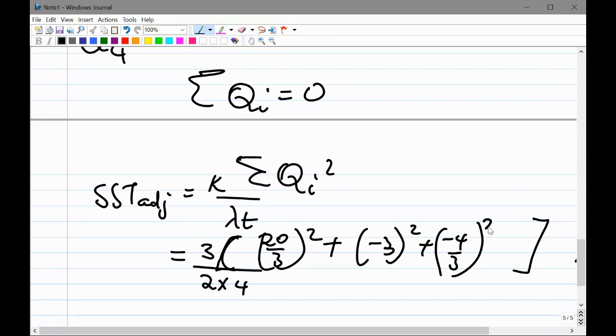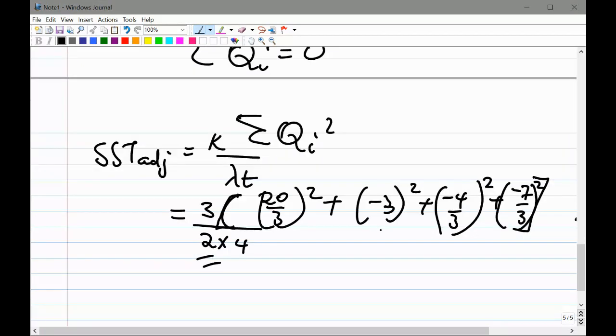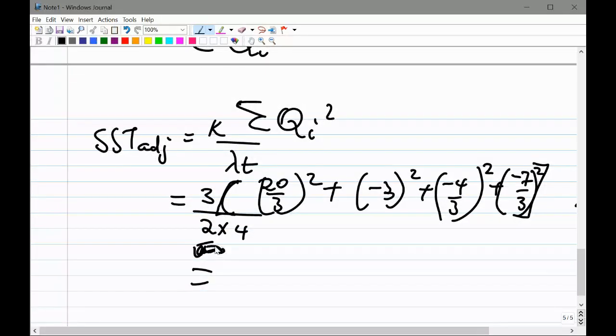It's negative. What is the last one? The other one is 2 over 3, right? No, it's negative 7 over 3, sir, squared. You square it. So what is the answer? Someone said 22.